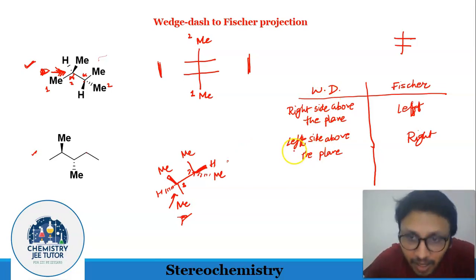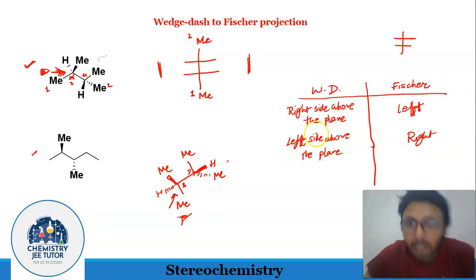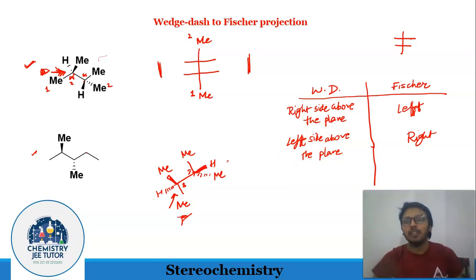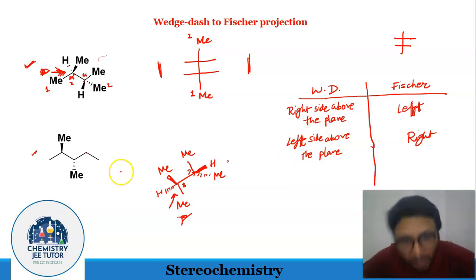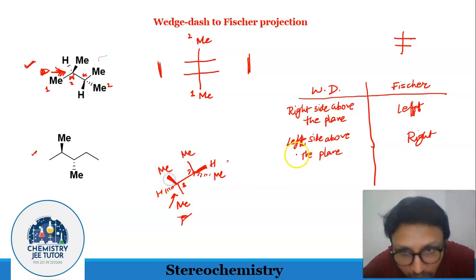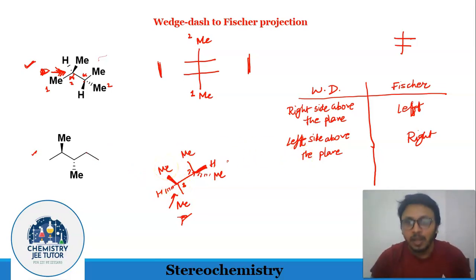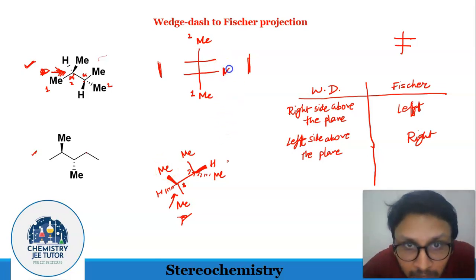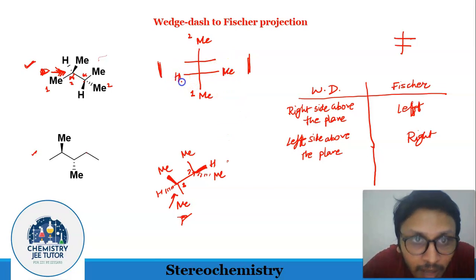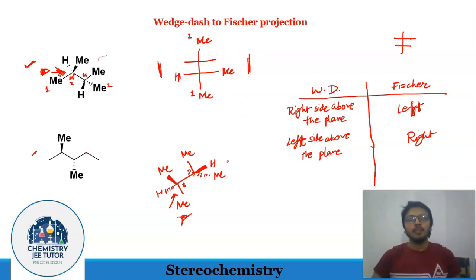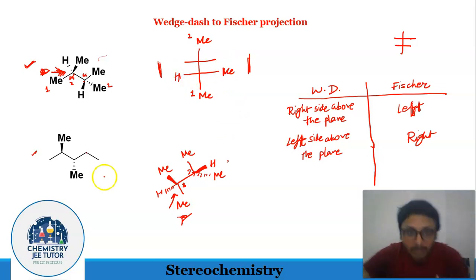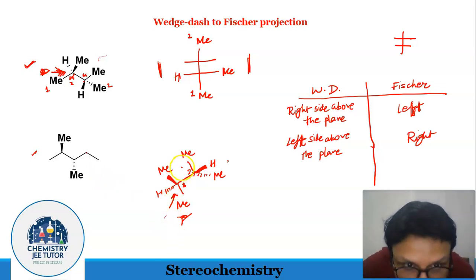So what it says is that in a wedge dash projection, if a substituent is on the left side and it is above the plane, it goes on the right hand side in a Fischer projection. So we have a left side and above the plane is a methyl. So methyl goes to the right side in a Fischer projection. Here the methyl goes and here the hydrogen goes. Understood why? Again we are seeing from this side.